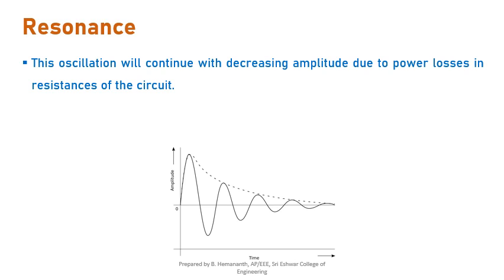So when the exchange of energy happens, there will be a small energy loss in the internal resistances of those inductors and capacitors. Therefore, you can see that there is a dip in the magnitude of oscillations. So at one point of time, the magnitude of the energy will become 0. This is the practical case.